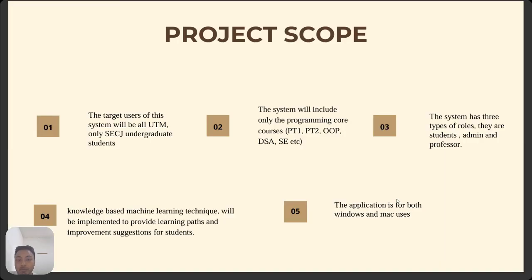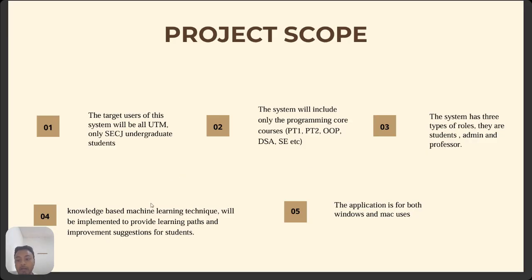Then the project scope. First of all, our target user is UTM students, and especially we will be focused on SEC students. The system will include only programming core courses like PT1, PT2, OOP, DSA, and so on. The system has mainly three types of roles: the students, admin, and the professor.